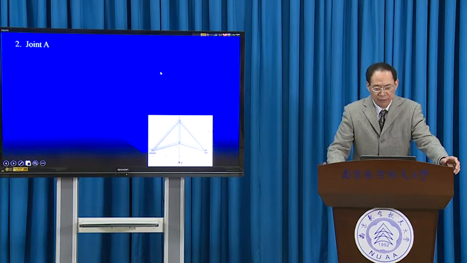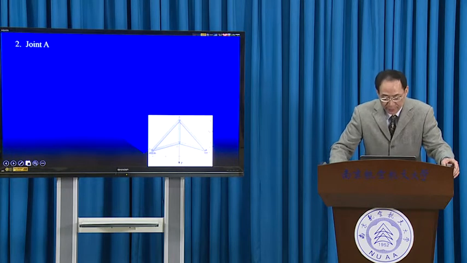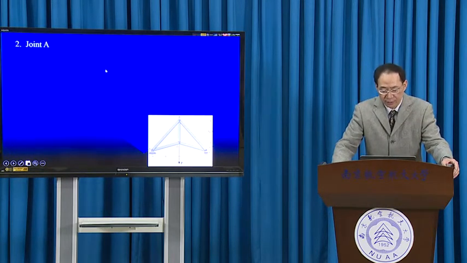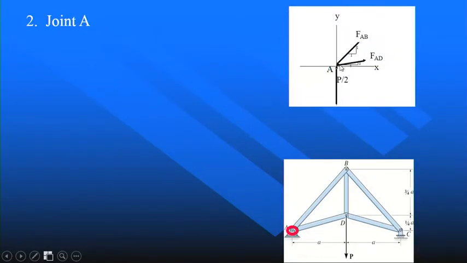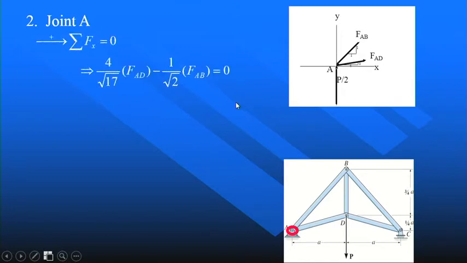Now let's use the method of joints. First, we take A as the joint of study. Draw the free body diagram of A. We assume FAB and FAD like this, and use the equation of equilibrium at A. Sigma Fx equals 0, then we get the projection equation.